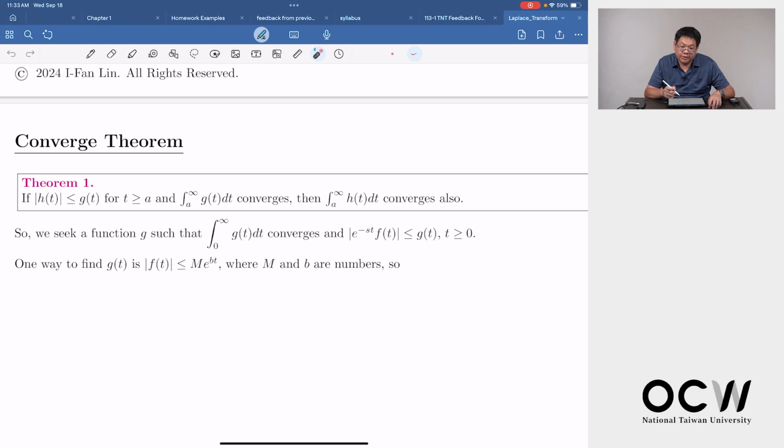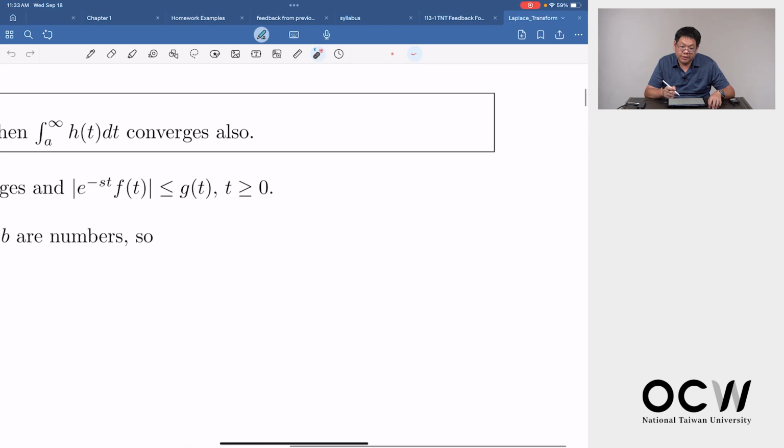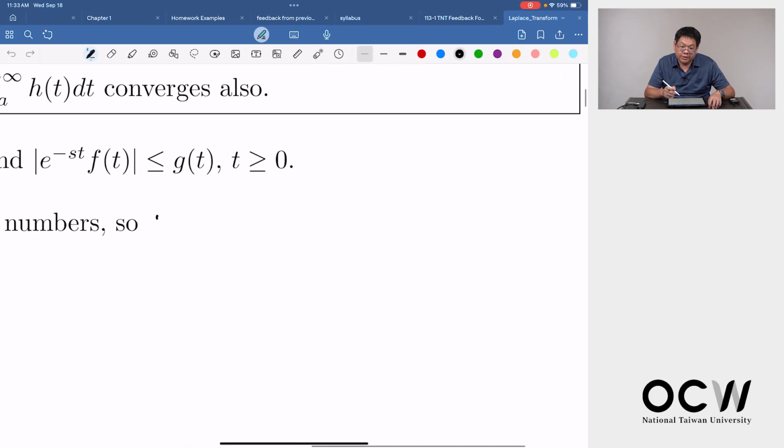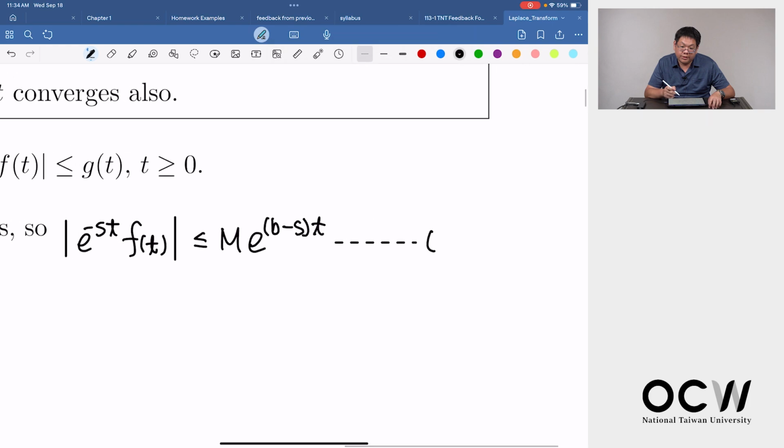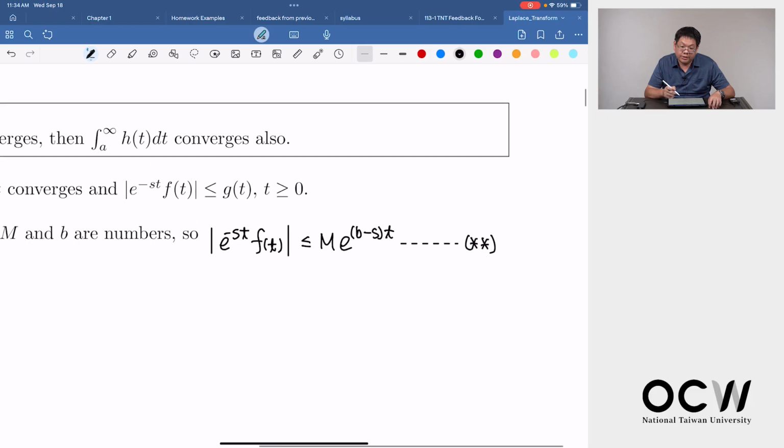Then if I multiply by e to the minus st on both sides, this should be less than or equal to the constant M times e to the (b minus s) times t. This is another equation we will use.